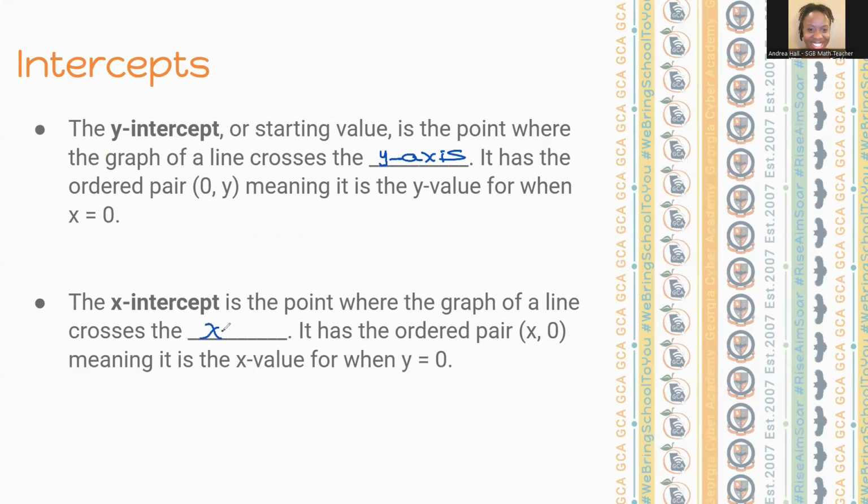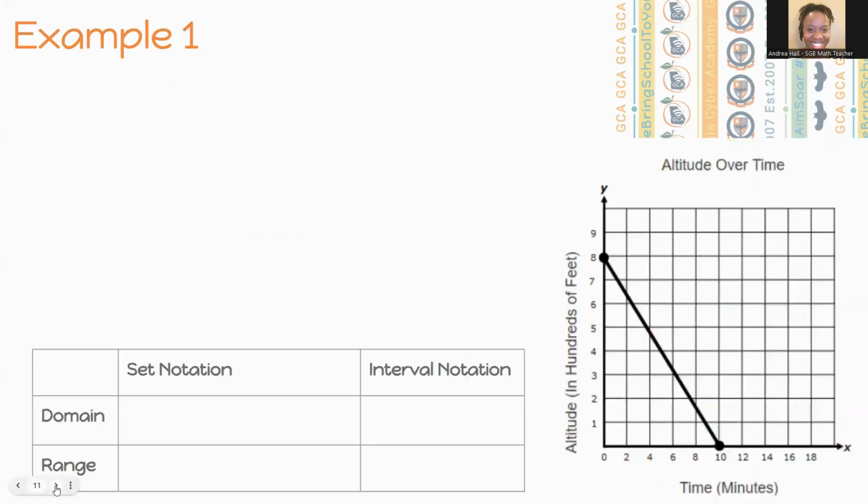It has an ordered pair of x, 0, meaning it is the x value for when y is equal to 0. The y-intercept has an ordered pair of 0, y, meaning it's the y value for when x is equal to 0. So that is our x-intercept and our y-intercept. Let's clear all that and move on to our next slide.